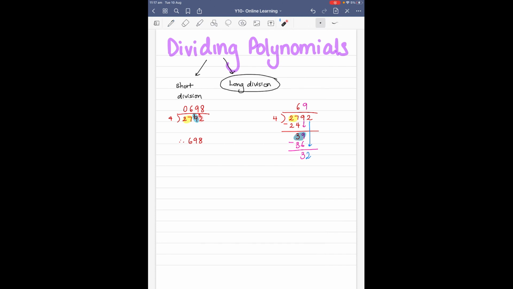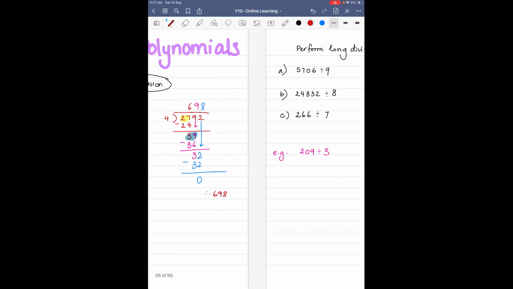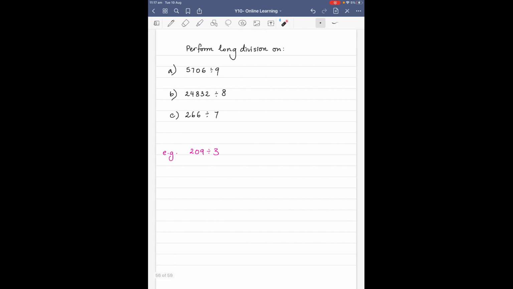Your new number now is 32, which is like this one here. 4 goes into 32 8 times. Any remainders? No remainders. Therefore, your answer is 698. Now, if you guys are not confident in performing long division, please have a go at these questions here. They should give you a remainder of 0. So have a go at them in your books.